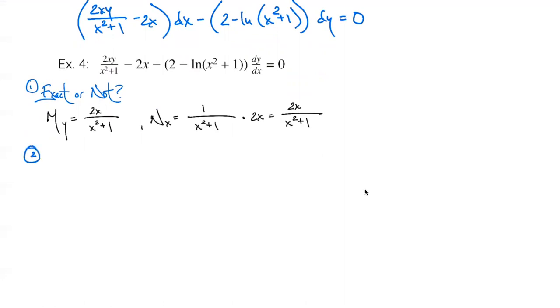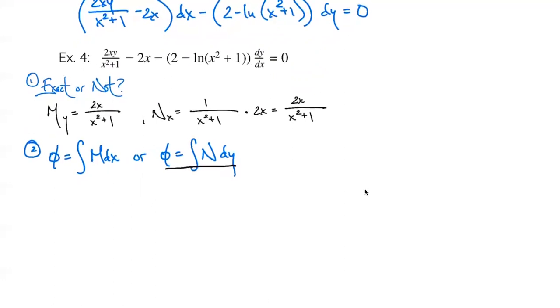Now we're going to find our phi. Phi can equal the integral of M dx, or phi can equal the integral of N dy. In this case, I'm going to choose the second one. So phi equals the integral of my N, which is 2 minus natural log of x squared plus 1 dy.